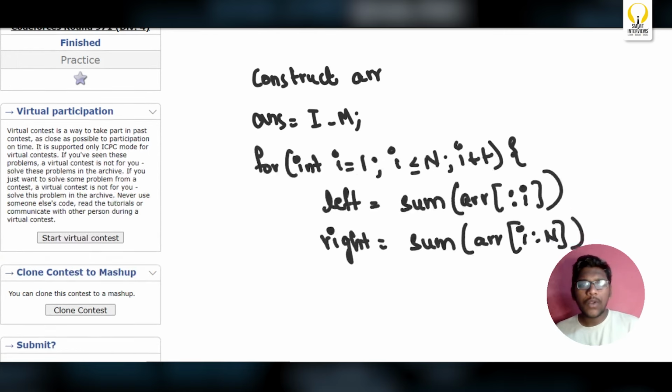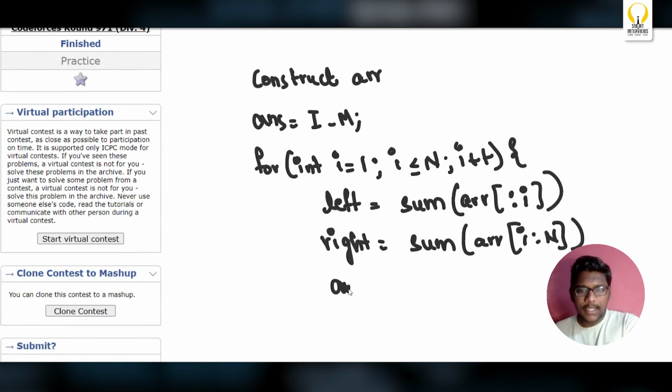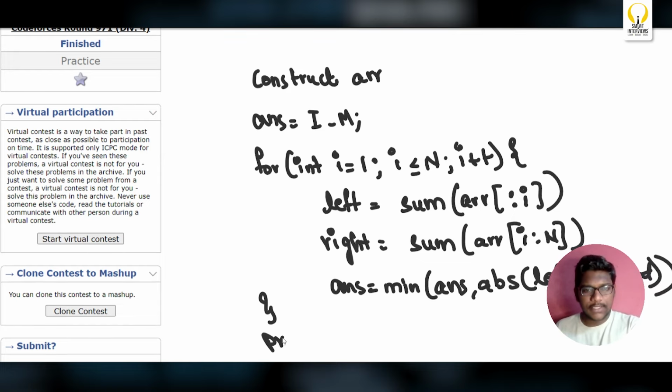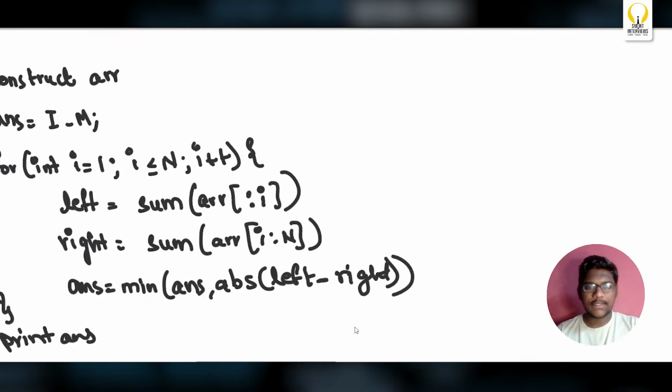Now you'll update the answer with the minimum of answer comma absolute of left sum and right sum. That's it with the solution, and then you'll print the answer at the end. I wrote the pseudocode, okay? That's what I was referring to.